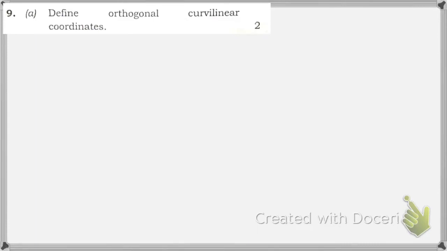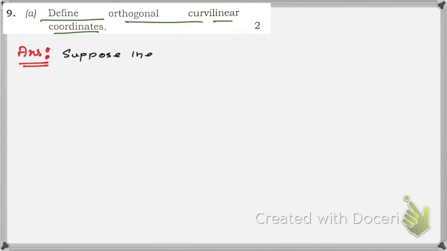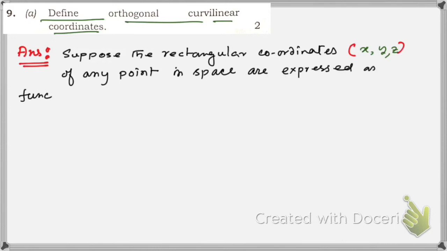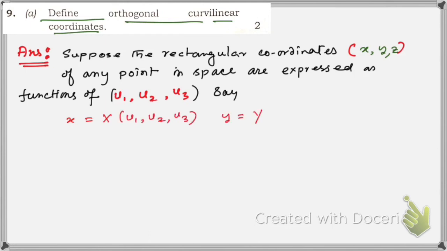Now you see, define orthogonal curvilinear coordinates. So how to define it? Let us suppose that the rectangular coordinates of a point (x, y, z) in space are expressed as functions of u1, u2, u3. Say small x is equal to capital X of u1, u2, u3. Similarly, small y is capital Y of these, and small z is capital Z of these three again.